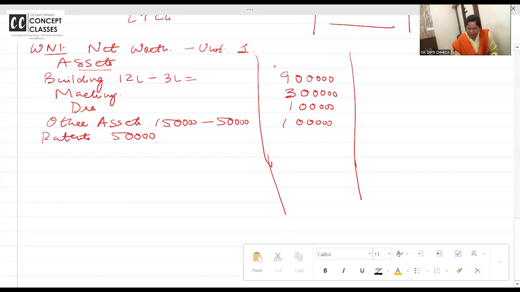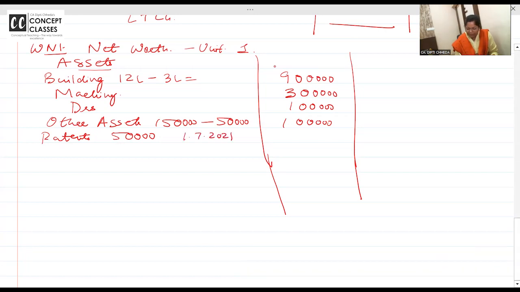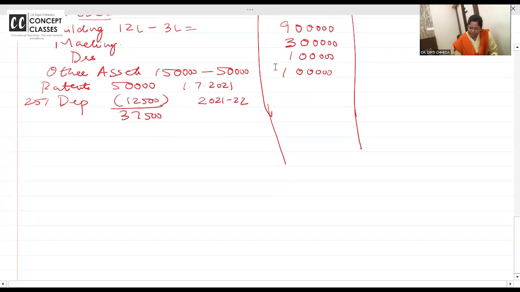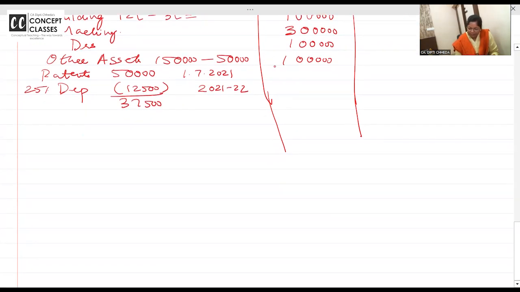Patents are acquired on 1st July 2020. Shall we charge depreciation for 20 and 21? 25% depreciation. So how much will it come? 12,500. So this is 37,500. Again, shall we charge depreciation? This will be 1st April 2022, transferred.